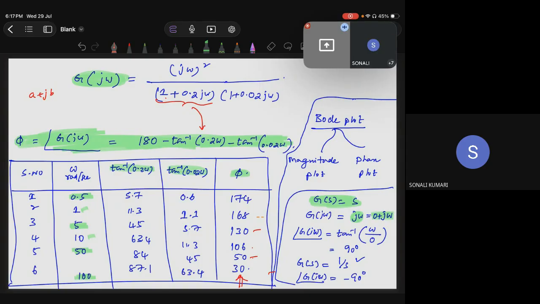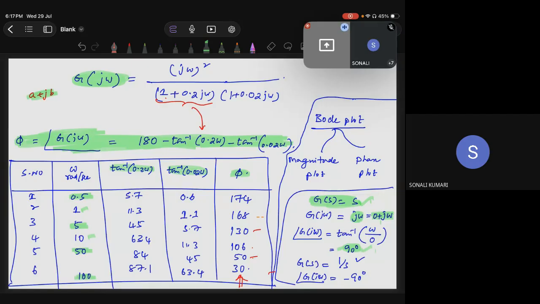Right. So what is the angle for a complex number? If you have a plus jb, angle is tan inverse b by a. Okay. What is the angle here? Tan inverse omega by 0. Omega by 0 is infinity, correct? Yes, sir. Tan inverse infinity means what? 90 degrees. Okay. That means if you have a zero, you'll get a 90-degree angle.